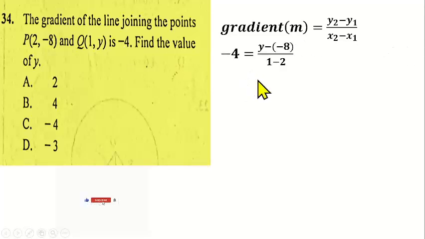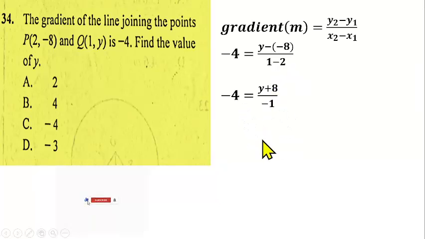We have -4 equals our y2, which is y, minus our y1, which is -8, over our x2, which is 1, minus our x1, which is 2. So we have -4 equals, minus times minus gives a plus, y plus 8 over 1 minus 2, which is -1.